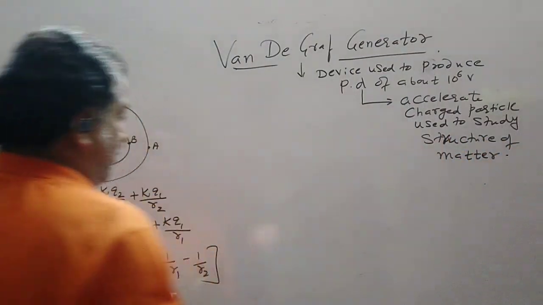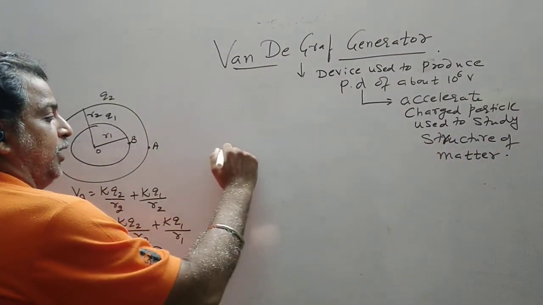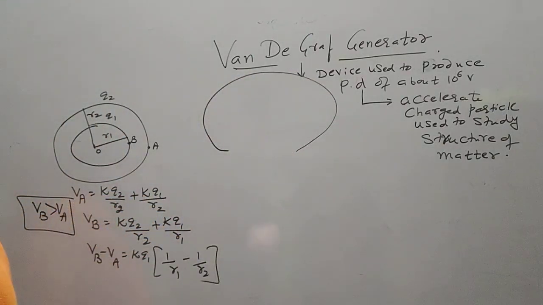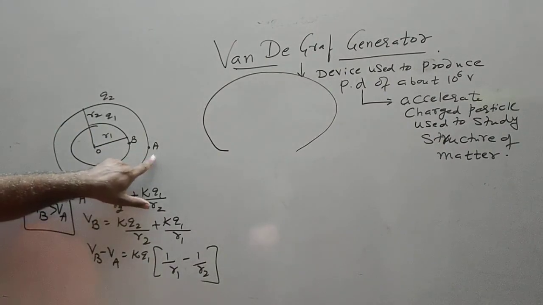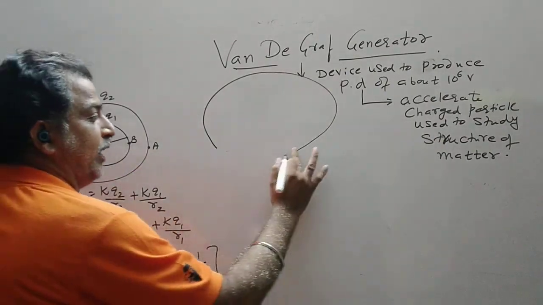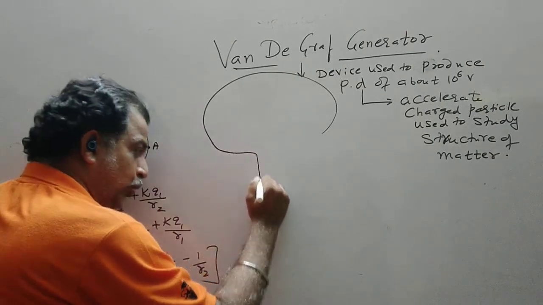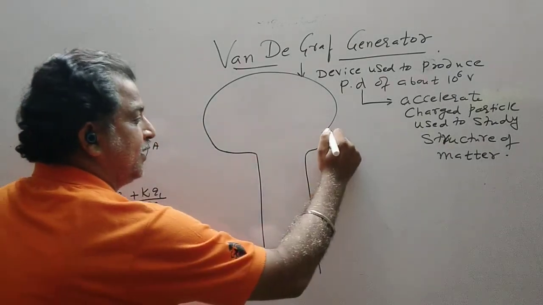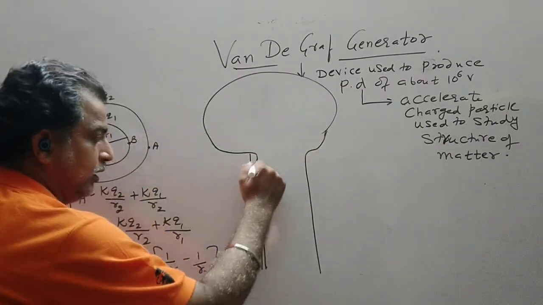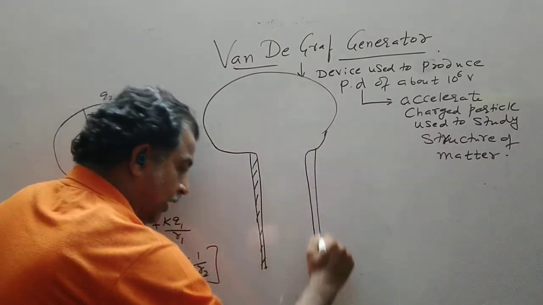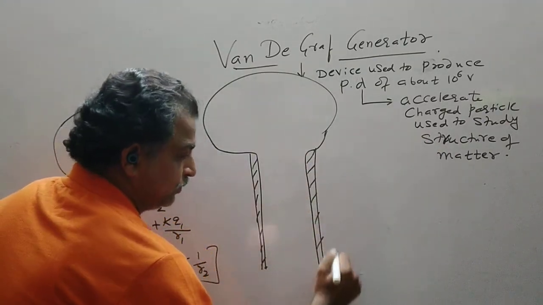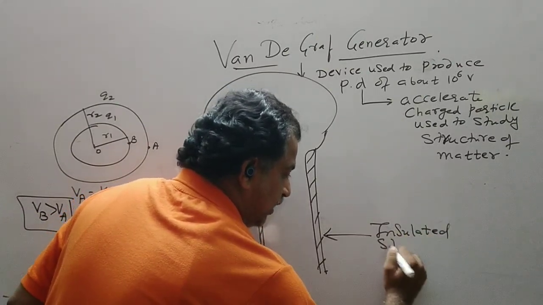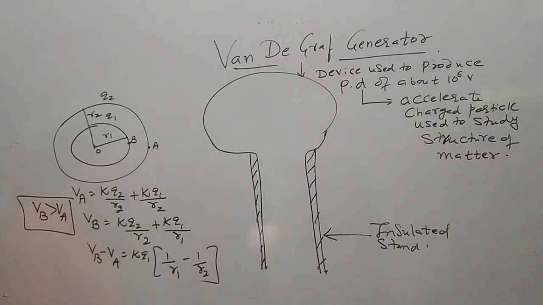Now the construction of the Van de Graaff generator. It consists of a very large spherical shell, which will be similar to our spherical shell A, and this spherical shell is mounted on an insulated stand. We are seeing the construction of a Van de Graaff generator.